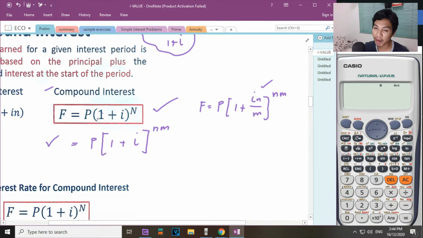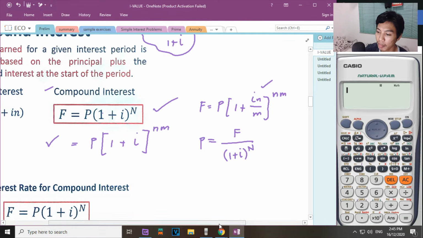Okay. Sir, meron bang ibig sabihin itong 1 plus I? Okay. Di ba ang paghanap ng inyong principal, F over 1 plus I raised to N? May ibig sabihin ba to, sir? Yes, there is.